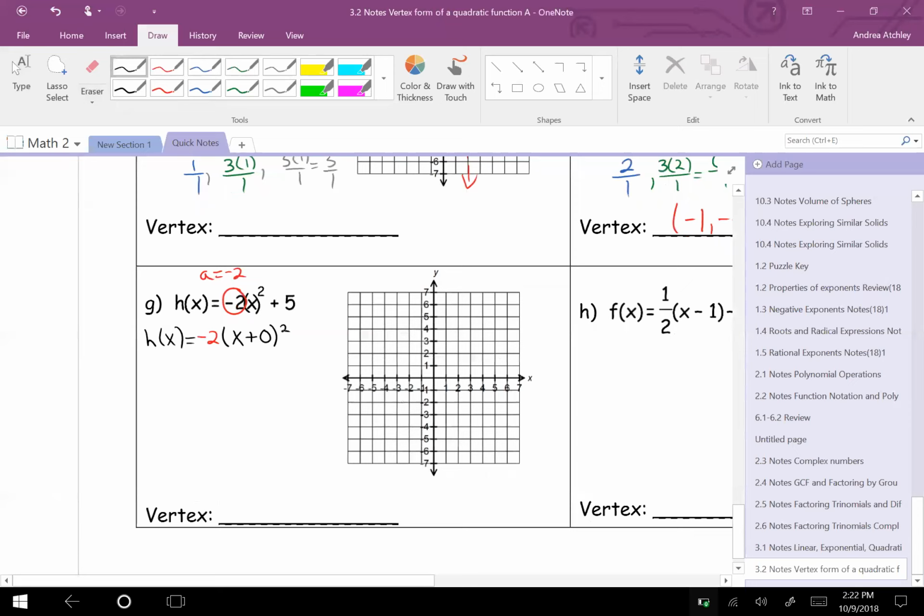There's nothing there to square, right? Plus 5. That's how I would get just the x squared here. So it would be my vertex, 0 and 5.